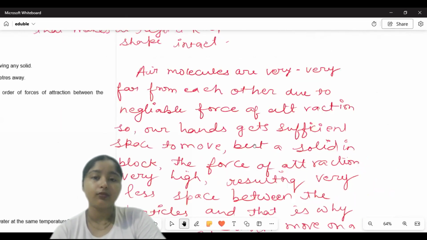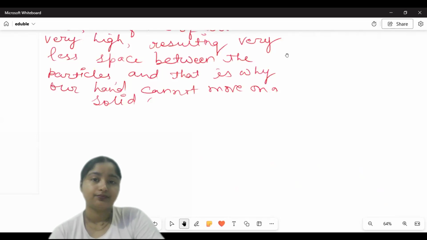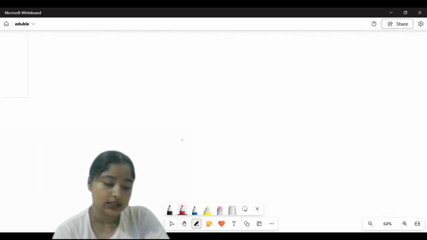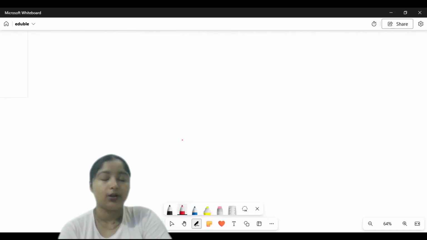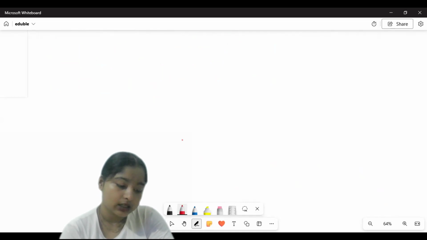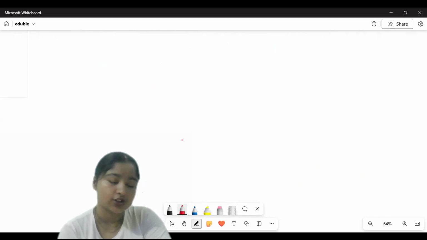Let's see. Clearly, liquids, as we all know, have lower density as compared to solids. But in the case of ice, lower density is not the reason, right? In this case, the reason is the cage-like structure of ice.